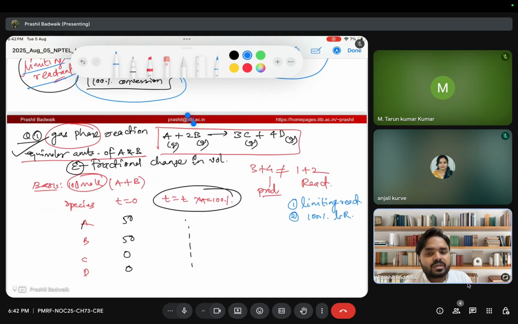How will you calculate? In the previous class I told you we need to divide the number of moles present at the initial stage by the stoichiometric coefficients.